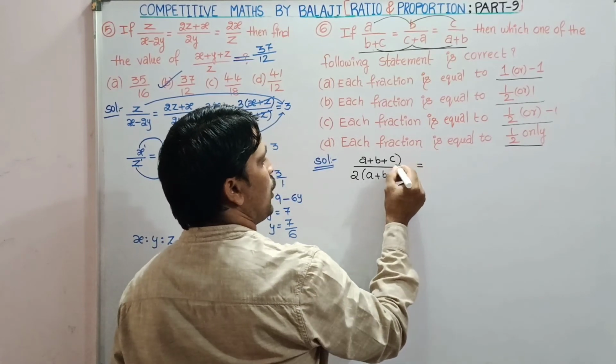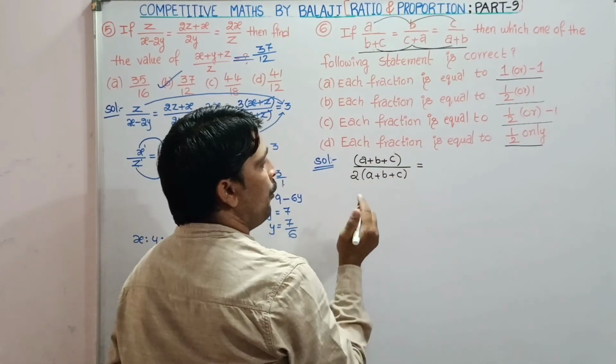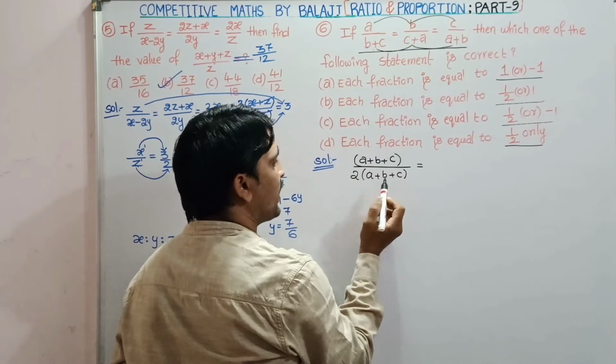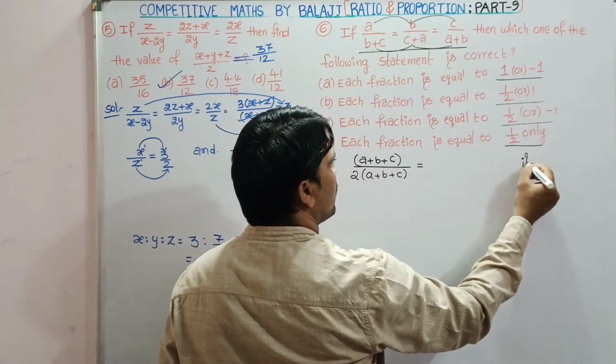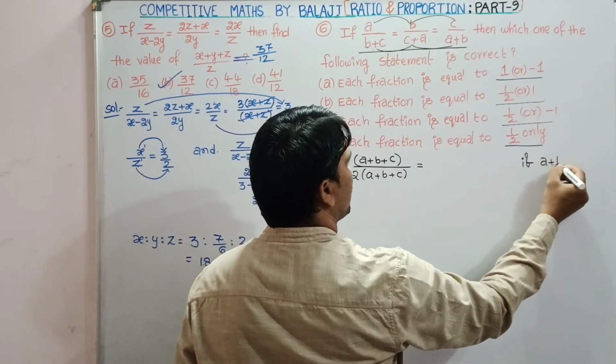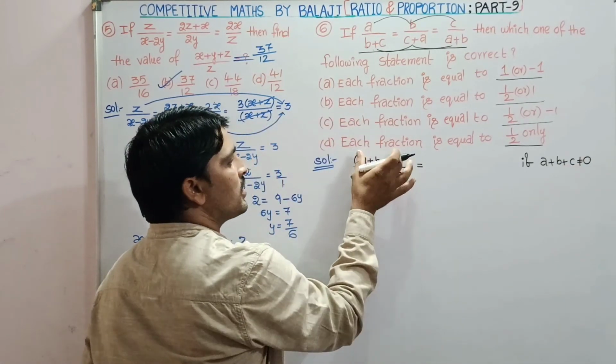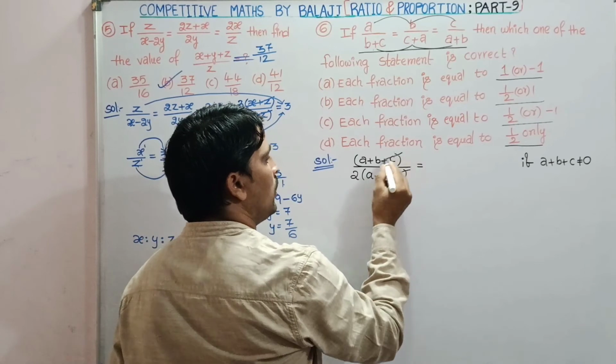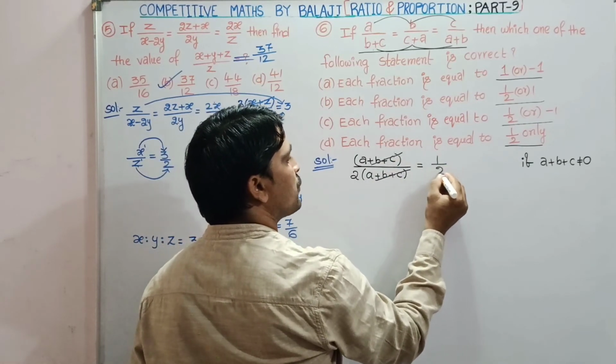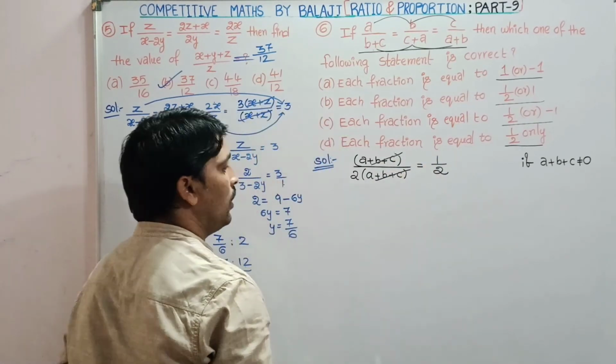So a plus b plus c cancel. The numerator and denominator can be cancelled if and only if the denominator is not equal to 0. In this case, the value of each fraction is equal to 1 by 2.